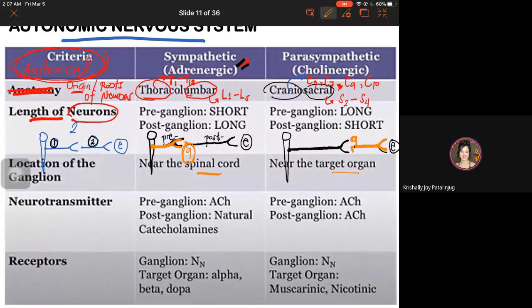Therefore, malapit this time yung ganglion sa effector organ. This is simply based on the length of the neuron, to distinguish the location of the ganglion. So take note, somehow related yung length of neurons para ma-identify mo yung location of the ganglion. To know also these two anatomical criteria in distinguishing the differences of the sympathetic and parasympathetic nervous system. I repeat, sympathetic nervous system, the location of ganglion is near the spinal cord. Parasympathetic nervous system, the location of ganglion is near the effector organ.